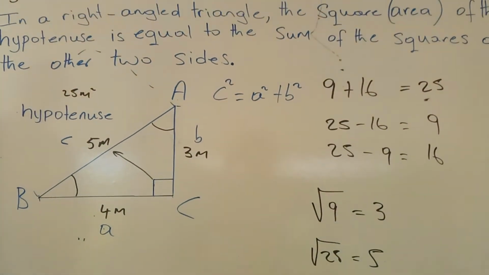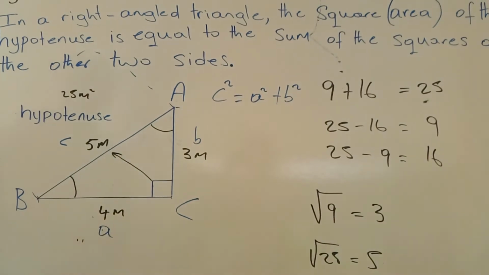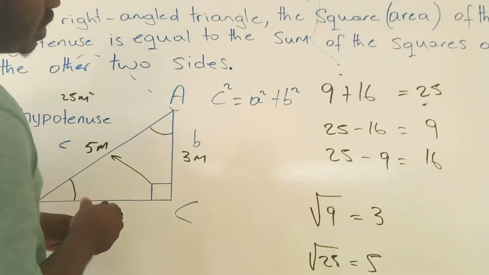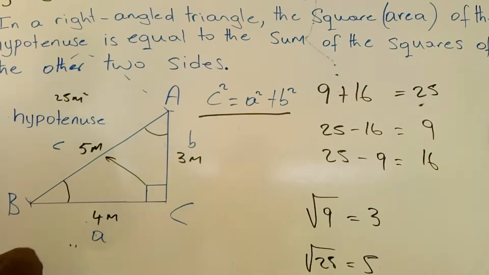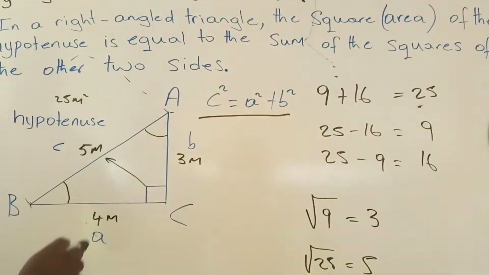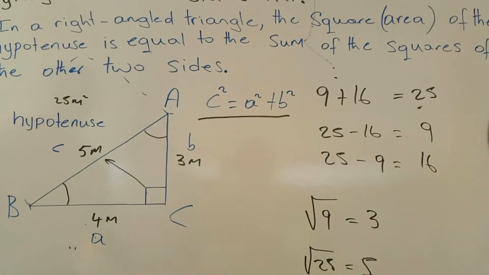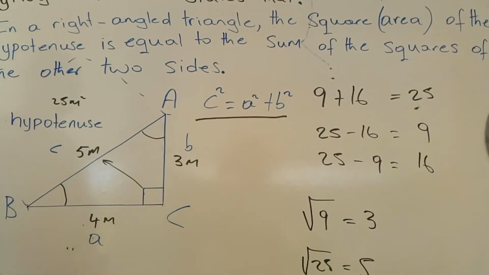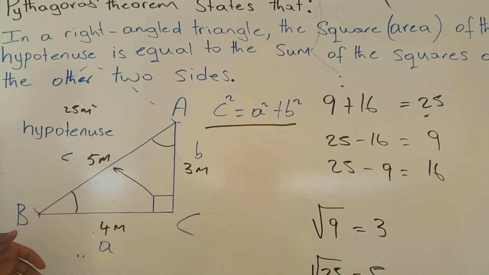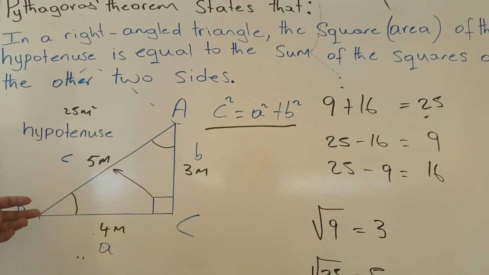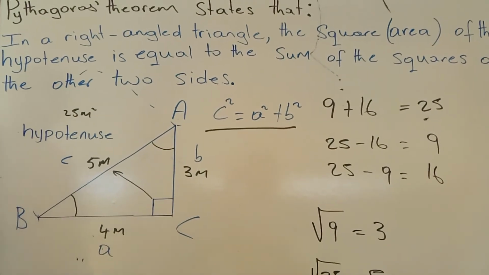Alright? So this is basically a representation of the Pythagoras Theorem, where C squared would be the hypotenuse. You can use whichever letter you want, but I just want you to understand the concept behind the Pythagoras Theorem.